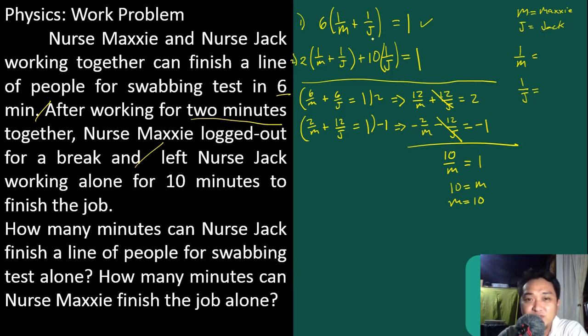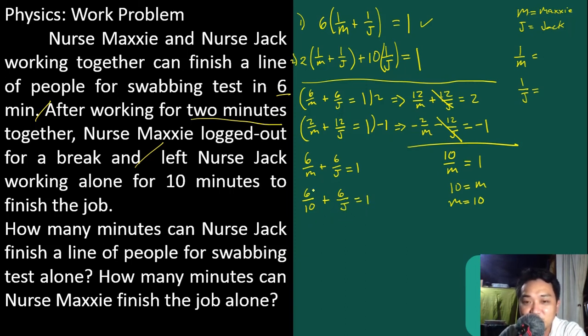So we can make use of one of the equations here to solve for the value of J. So that is, we can make use of 6 over M plus 6 over J is equivalent to 1. Since the value of M is 10, so we can say 6 over 10 plus 6 over J is equivalent to 1.